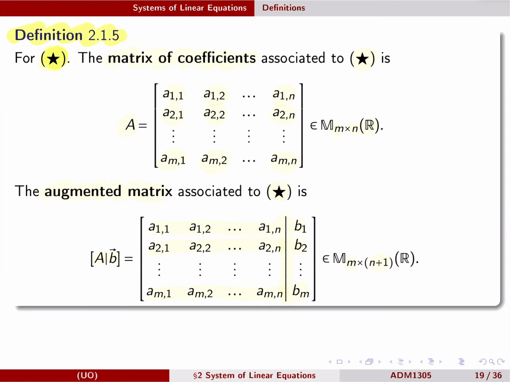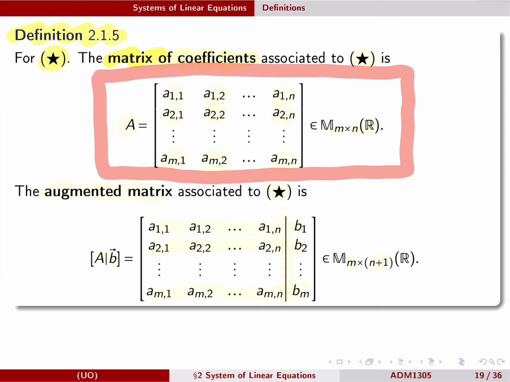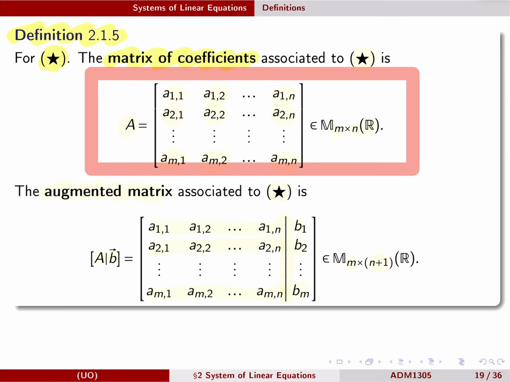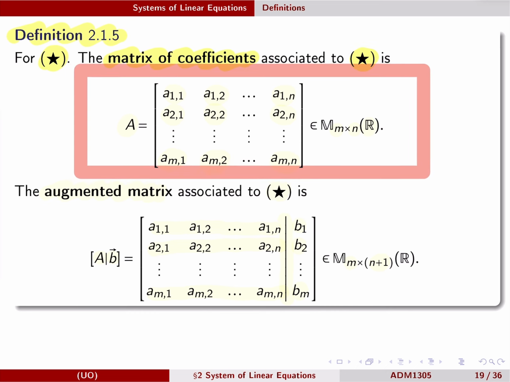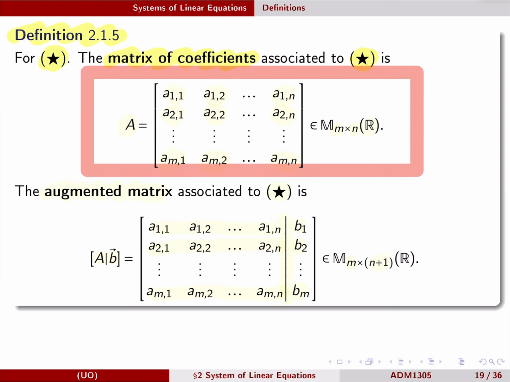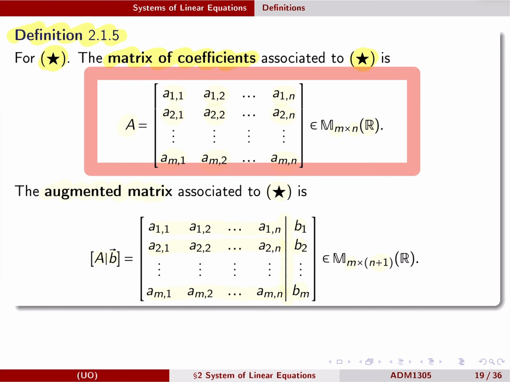So if you start with any system star, so remember star is for m equations with n unknowns, the first matrix is going to be built by using only the coefficients of that system. So that first matrix is called the matrix of coefficients associated to star. And that matrix is simply built by storing the coefficients of that system in that matrix.